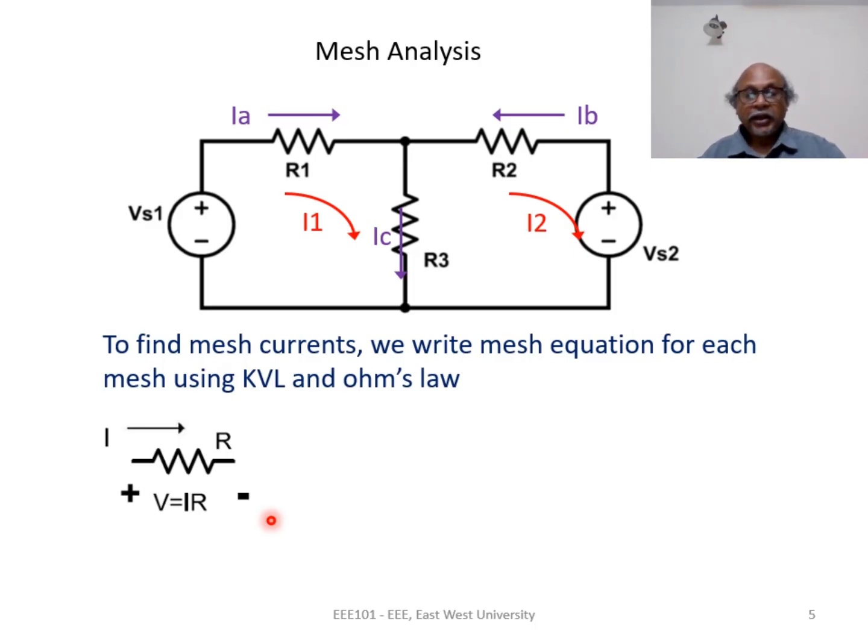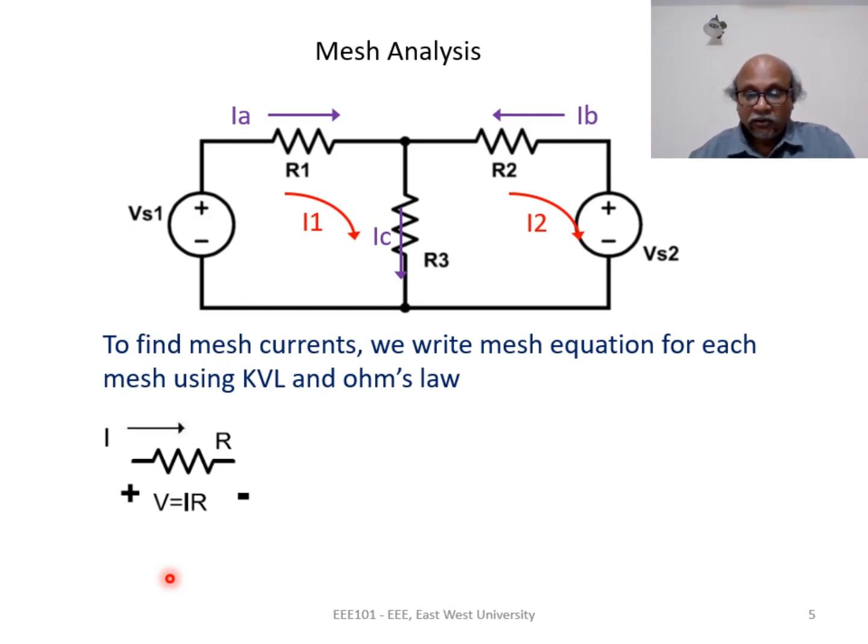So we can generalize this by saying that in KVL, if we are going in the direction of the current through a resistance, the IR voltage is a voltage drop. If we are going in the direction opposite to the current, the IR voltage is a voltage rise.